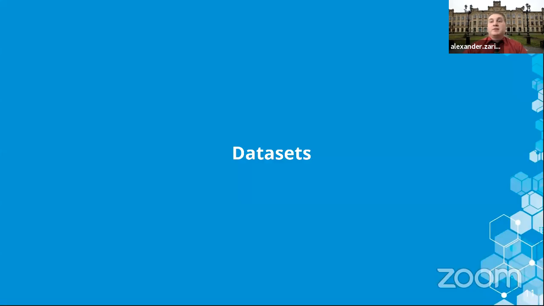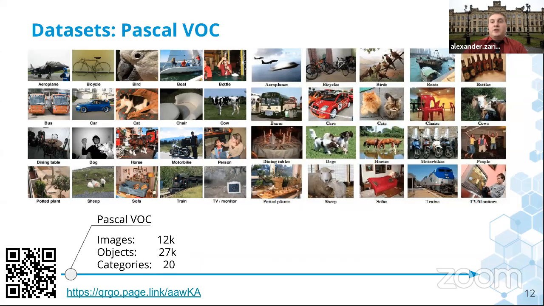To properly handle all these challenges, we need a lot of data. So let's review the most popular object detection datasets. One of the oldest datasets available today is Pascal VOC, VOC standing for Visual Object Classes.